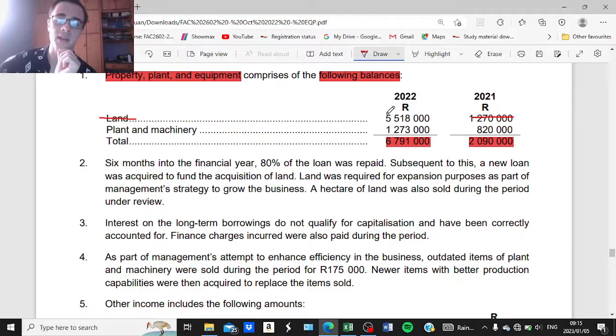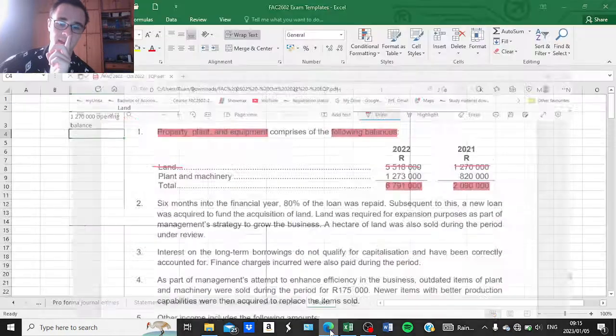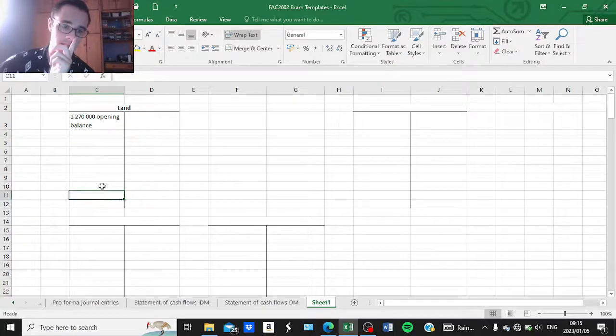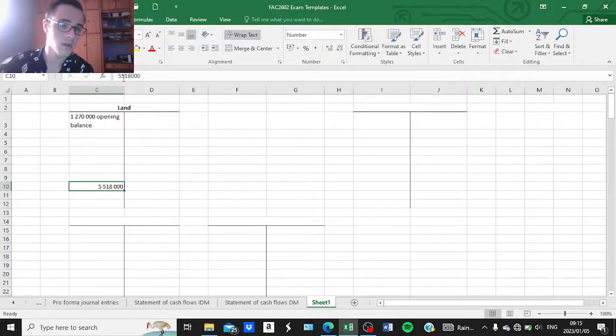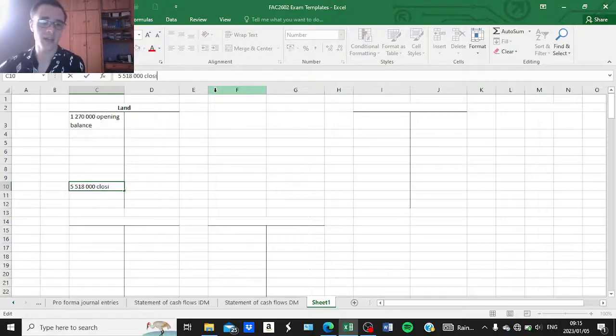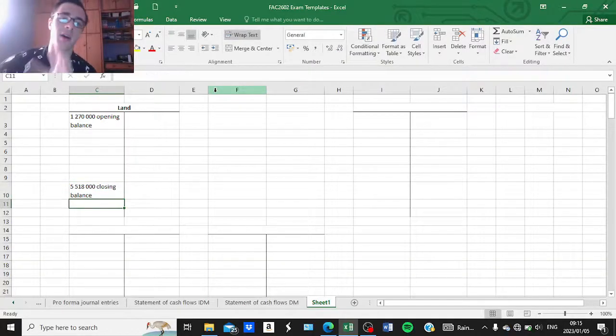And then we had a closing balance of 5,518,000, also on the debit side. Okay, let me just correct that. This was the closing balance. And keep in mind, because it is the closing balance, it was carried down from the credit side.